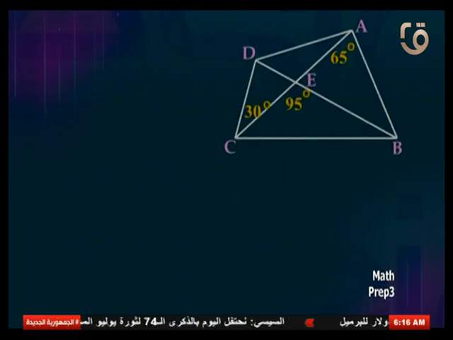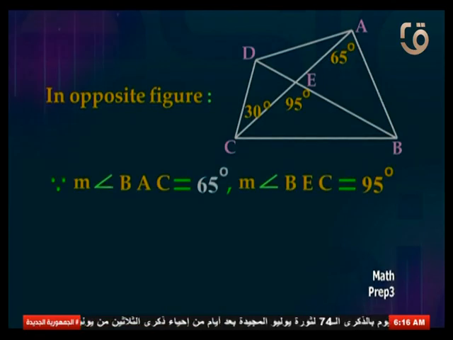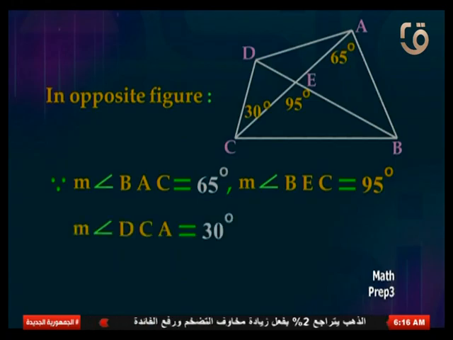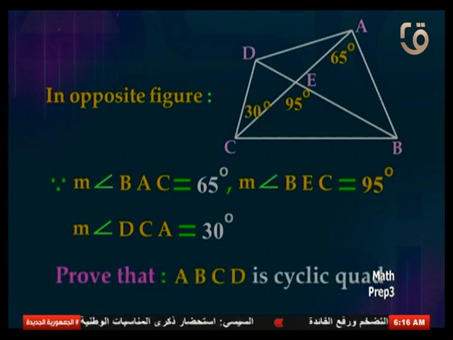Another example, in the opposite figure, measure angle BAC equals 65 degrees, measure angle BEC equals 95 degrees, measure angle DCA equals 30 degrees. Prove that the figure ABCD is a cyclic quadrilateral. First of all, to prove that this figure is a cyclic quadrilateral, you are going to choose one of the three cases which you have studied.